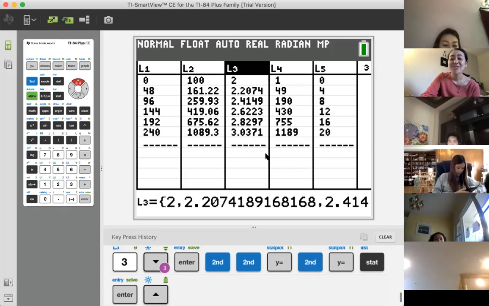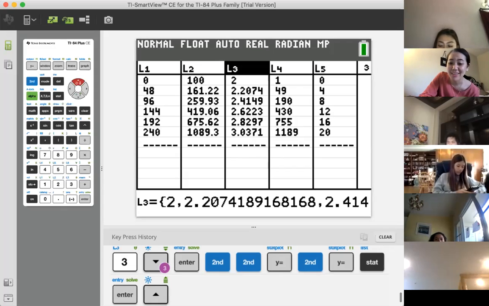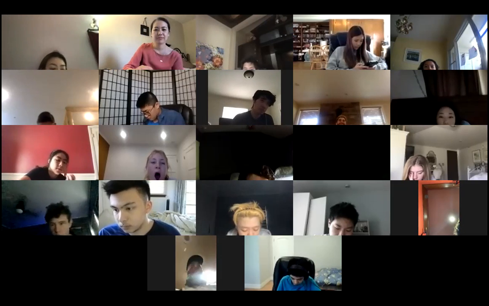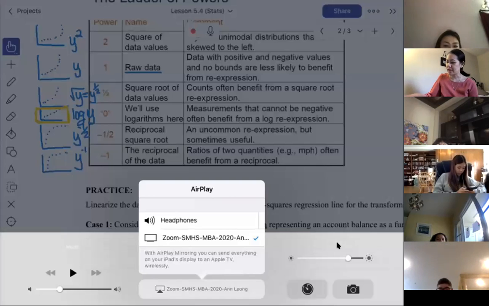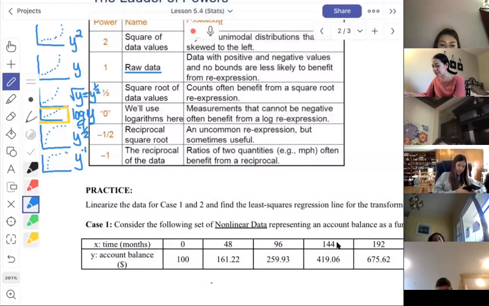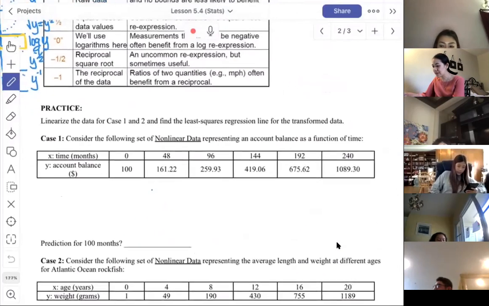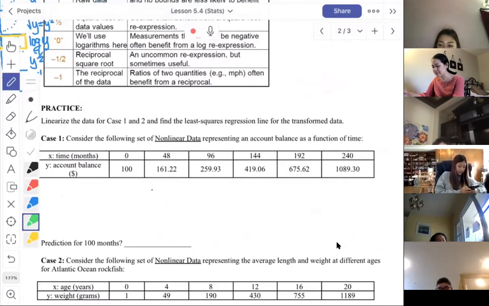All right, guys. So now hopefully you are convinced that logging is the best option. Okay, so let's go ahead and write down our answer. So let me share my iPad again with you. All right, so to write down your answer, we're going to write the equation for the best fit line.